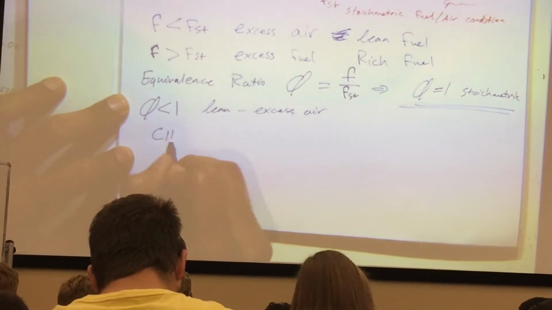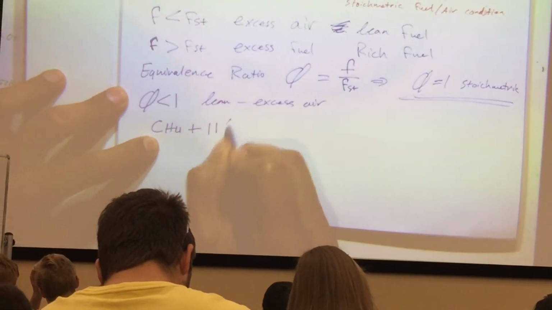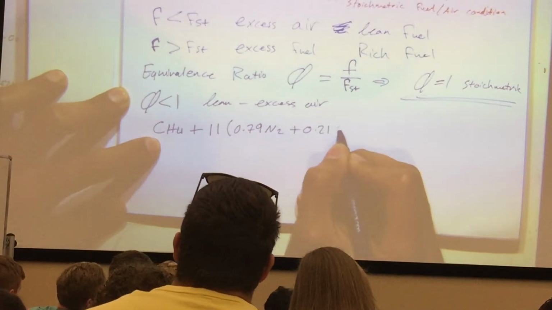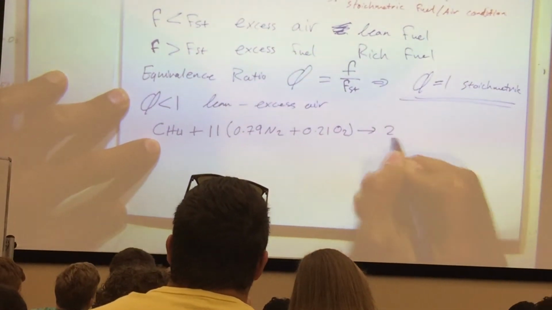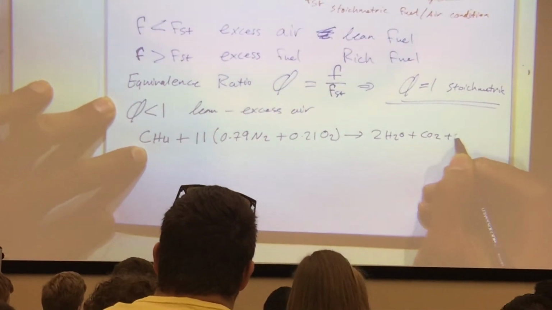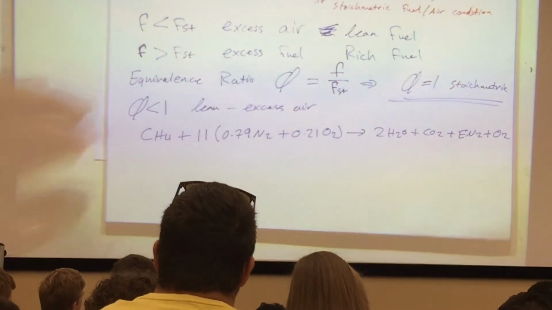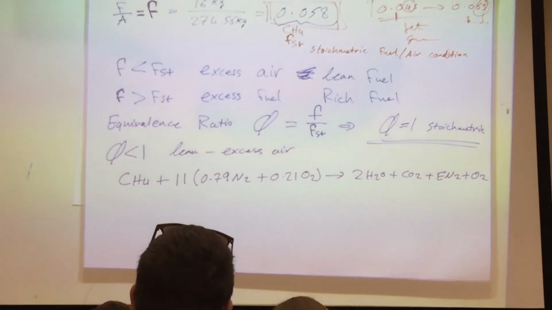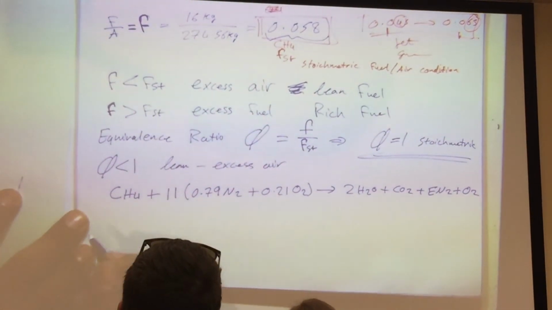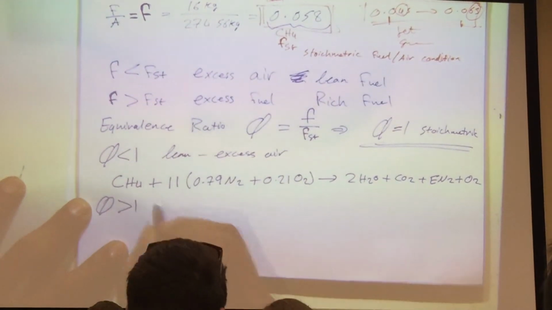What I get is CH4 plus, this is an example, 9.52 of air, N2 and 0.21 of oxygen, will give me H2O plus CO2 plus nitrogen plus O2. I have a little bit of excess oxygen. So from this, I can compute my amount of nitrogen.